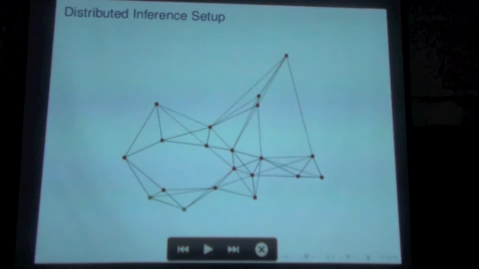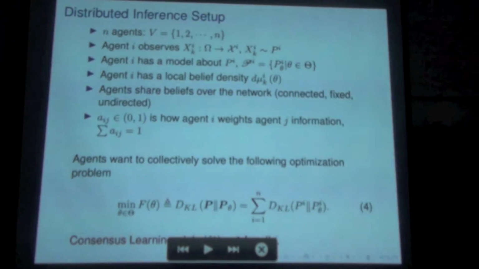So now let's enter the distributed setup. So now we have a network. I think we already learned about this. So we have a network of agents. They're connected over a graph. So what's the distributed optimization problem? So this is the formulation. So now I have n agents from 1 to n. Each agent is observing a different random variable. Right? This subindex i is the random variable that is observed by agent i.